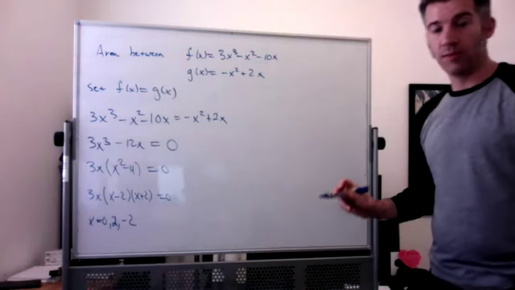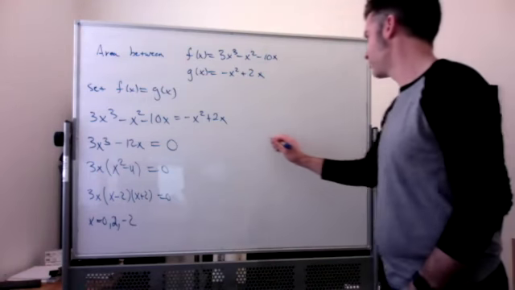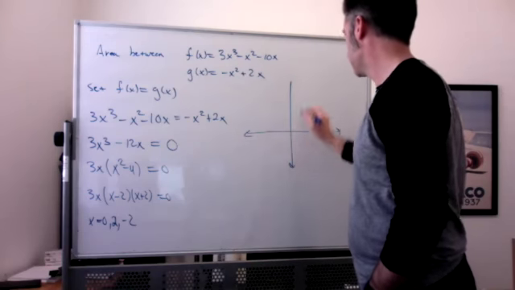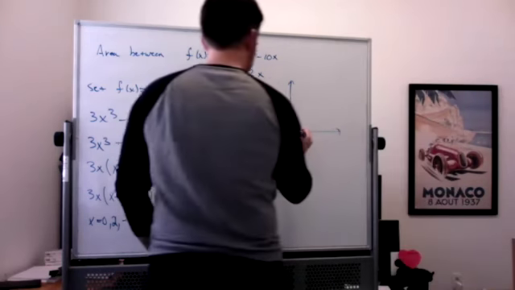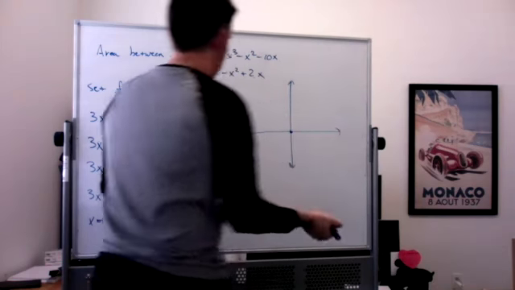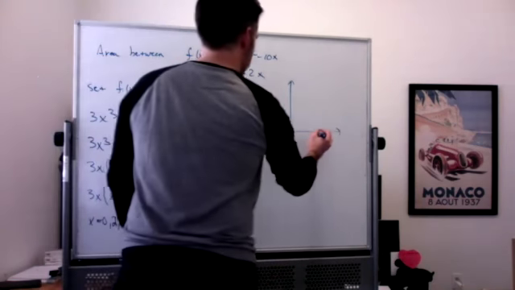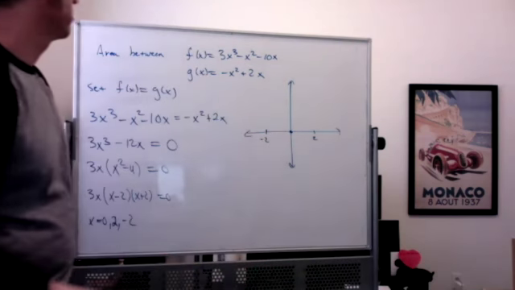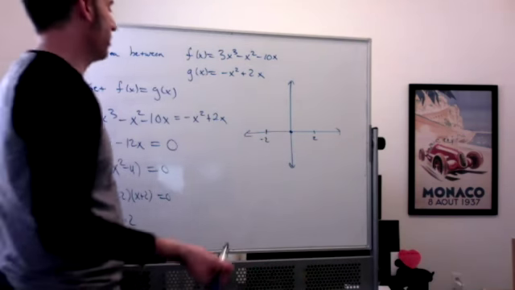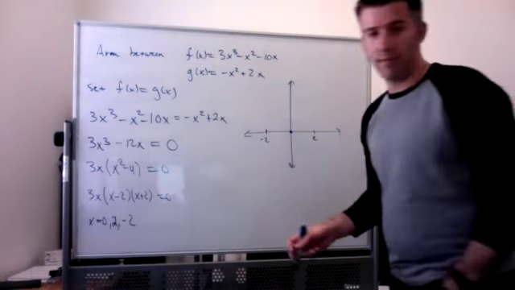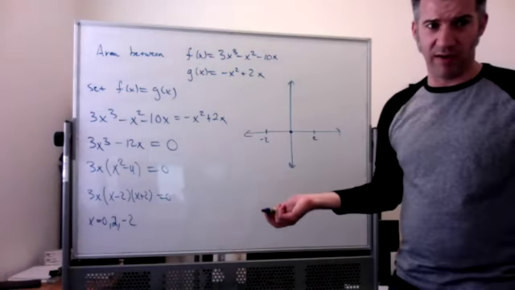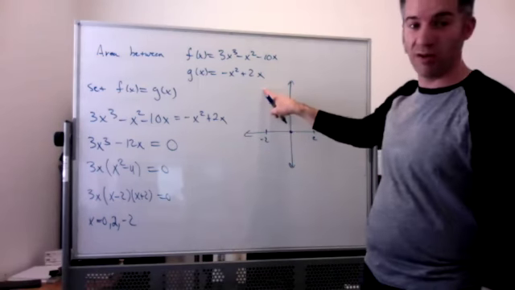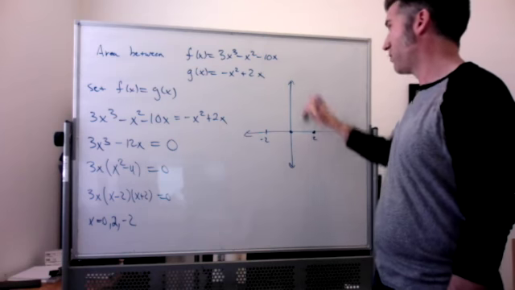All right, so here's what I've got. Anyway, you can plug in to find the y values you want. Like I plugged in 0 and got 0. If you plug in 2, you do get 0 for each of these.